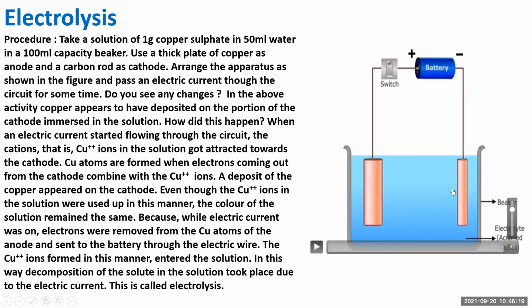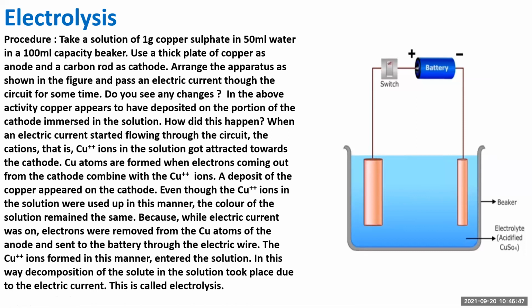This thick and thin one are the electrodes, this one is the carbon electrode and this one is the copper electrode. Both are conductors. We join both the electrodes through a battery and switch by an electric conducting wire. Now what happened? As the current passes through the conducting metal wire, similar current can also be passed through the solution.